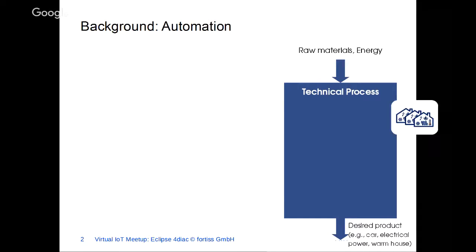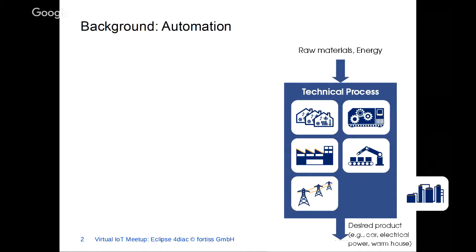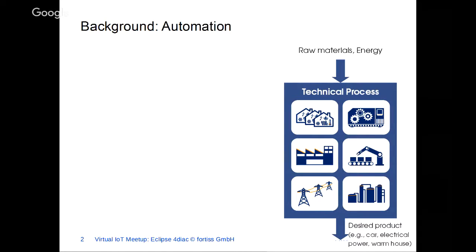So what we have here is building automation, talking about heating, energy, ventilation, cooling. We have machines that build things like mobile phones, cars, or full factories. Robotic applications and logistic applications like conveyor belts, like robots doing stuff in our plants.